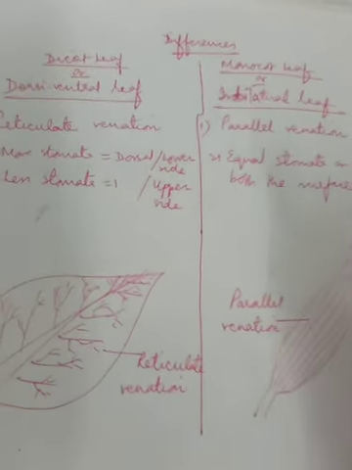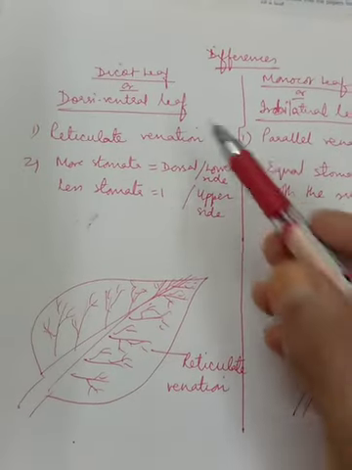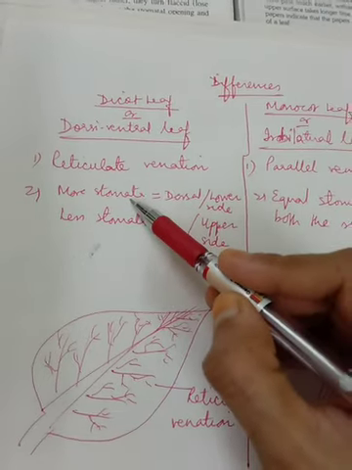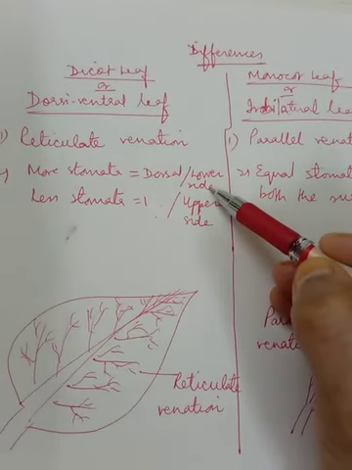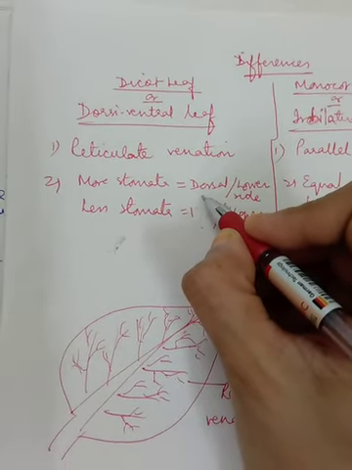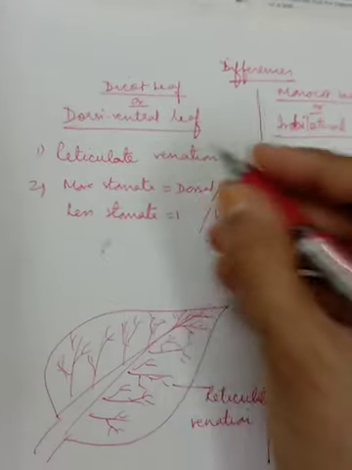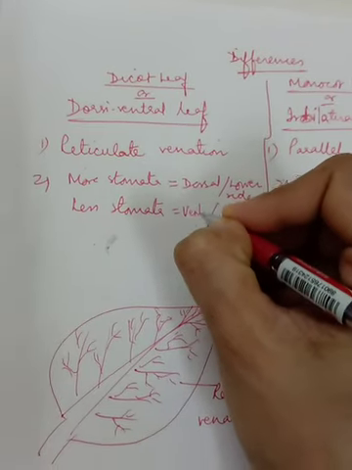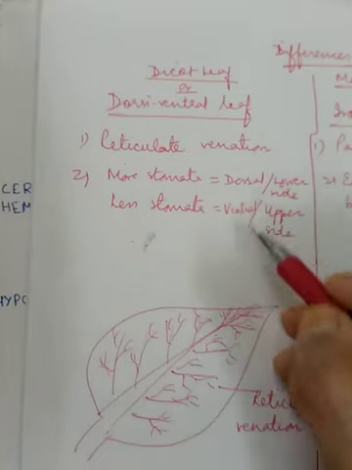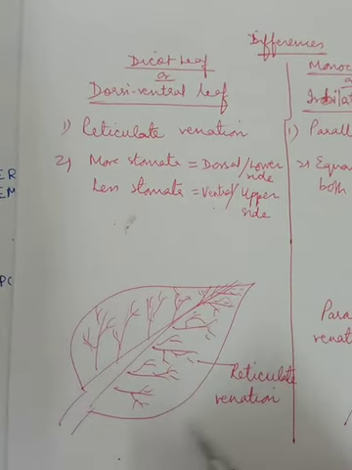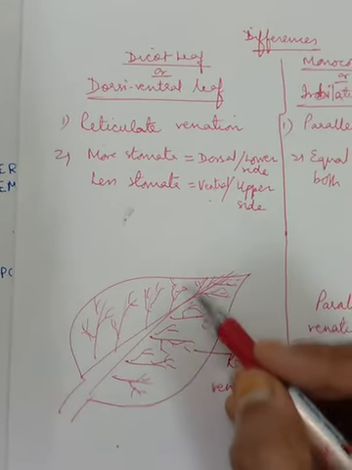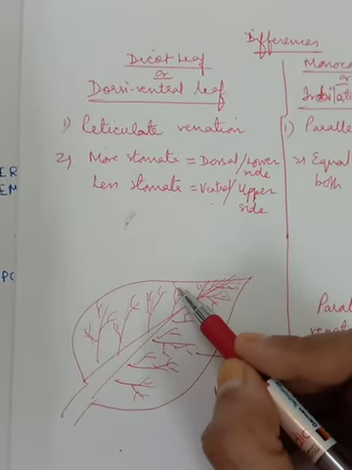The second difference is, in such leaves, stomata, which are minute pores, are more in number on the lower surface. Now remember, children, the lower surface is also called the dorsal surface, whereas fewer stomata are present on the ventral surface, or the upper surface. Remember, the side of the leaf that faces the soil is the lower surface or dorsal surface, and the upper surface is also called the ventral surface.